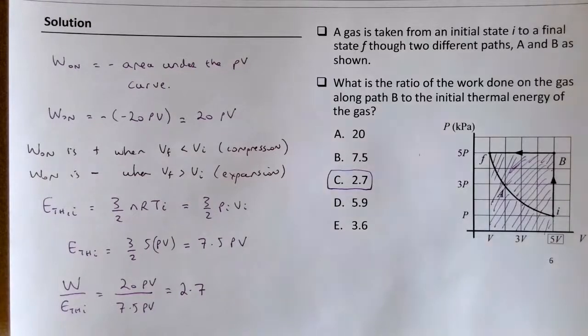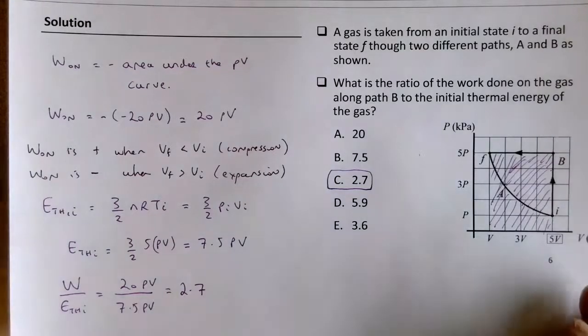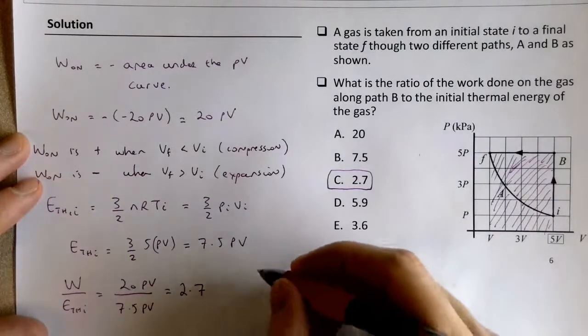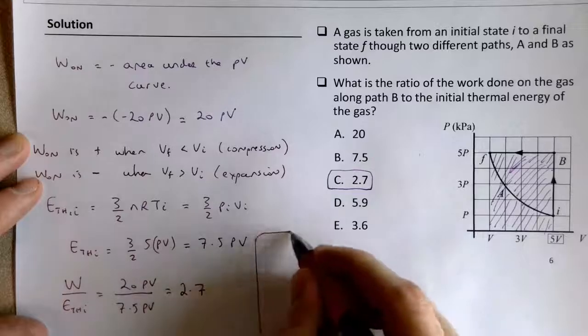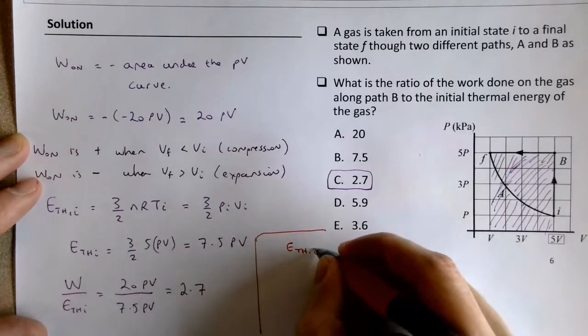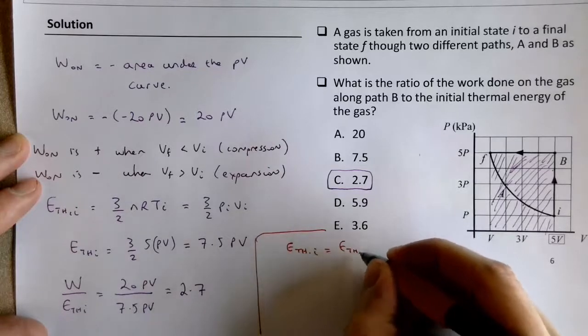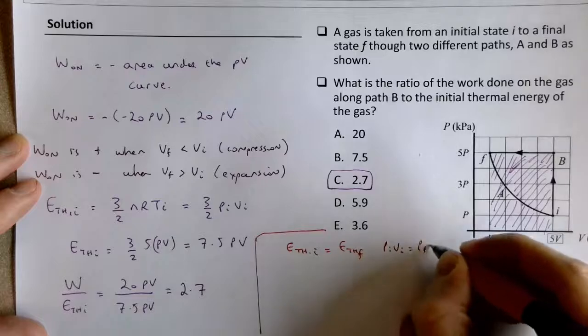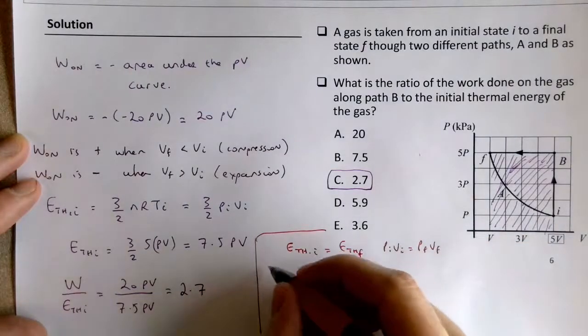Things that we do know for both processes: E thermal initial is equal to E thermal final. That's Pi Vi equals Pf Vf for both processes.